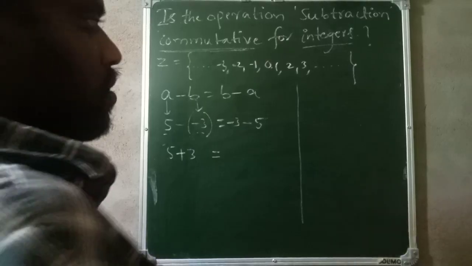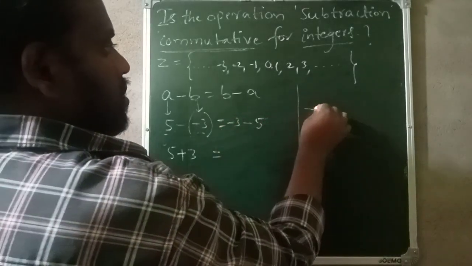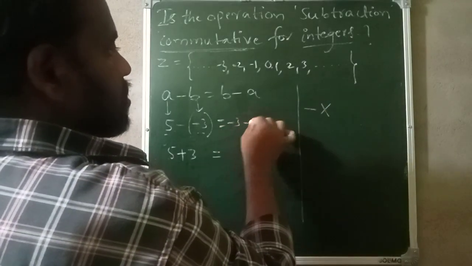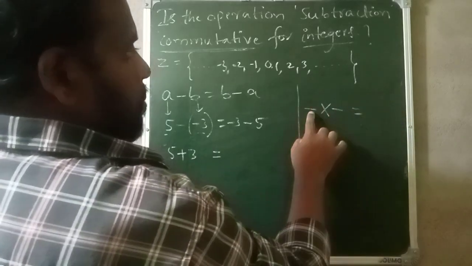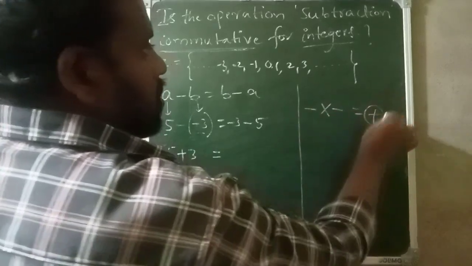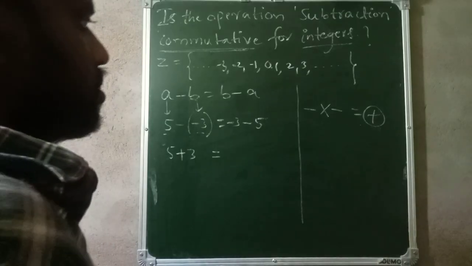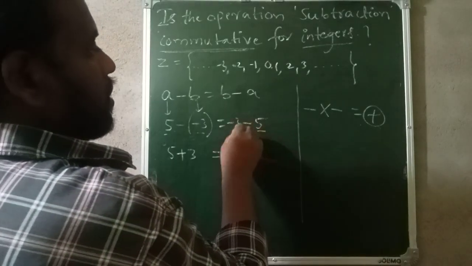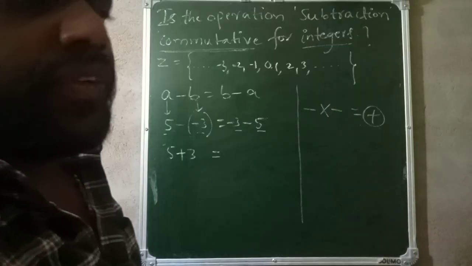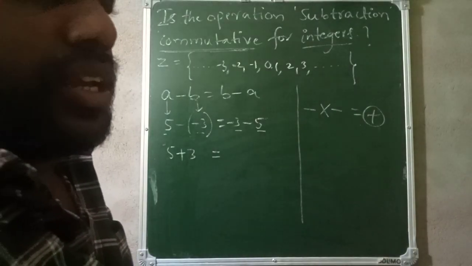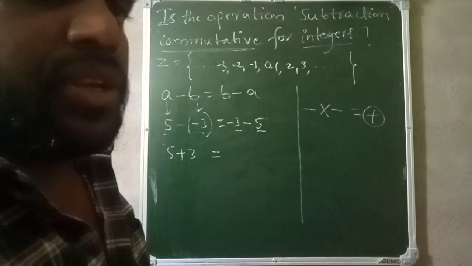How to decide? First take this minus into this minus, which is minus into minus equals plus. Plus means addition, so we have to add the numbers 5 and 3. When we add 5 and 3, we get 8.